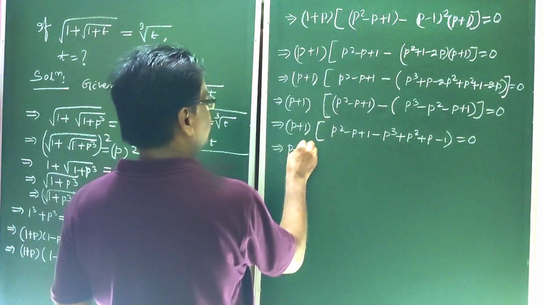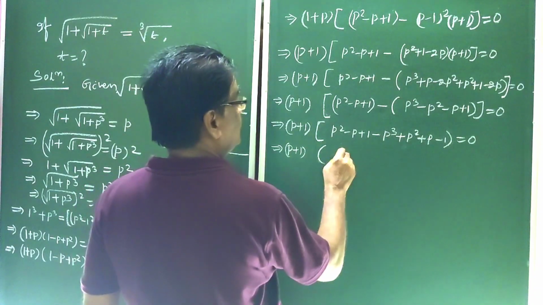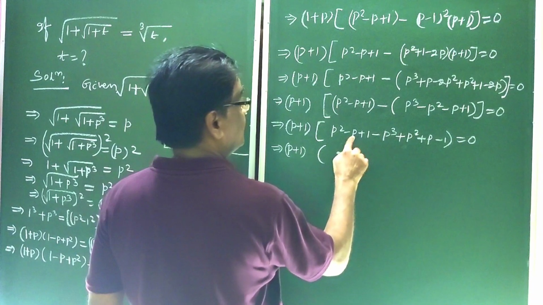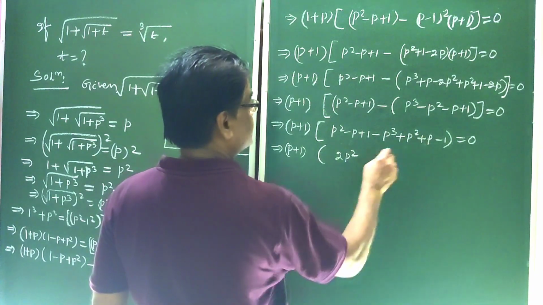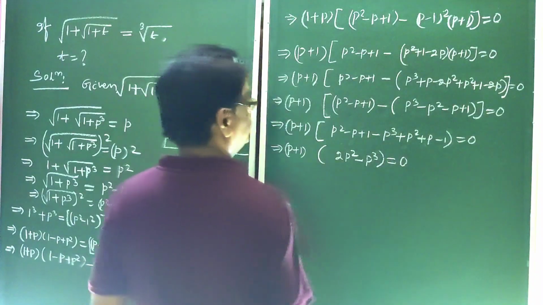This implies (p + 1)(2p² − p + p − p³) is equal to 0.